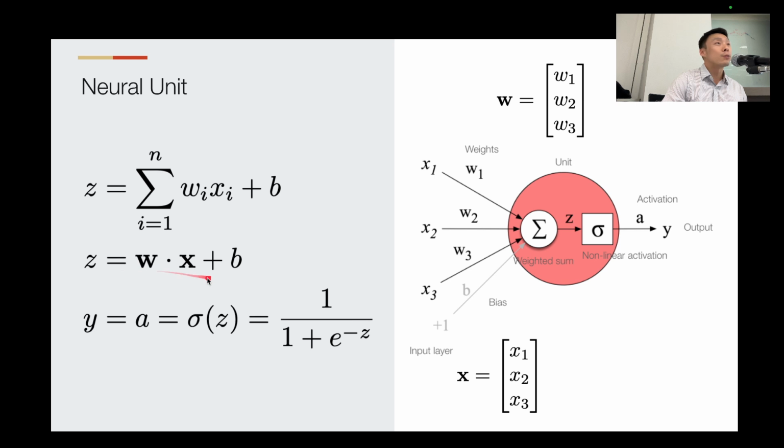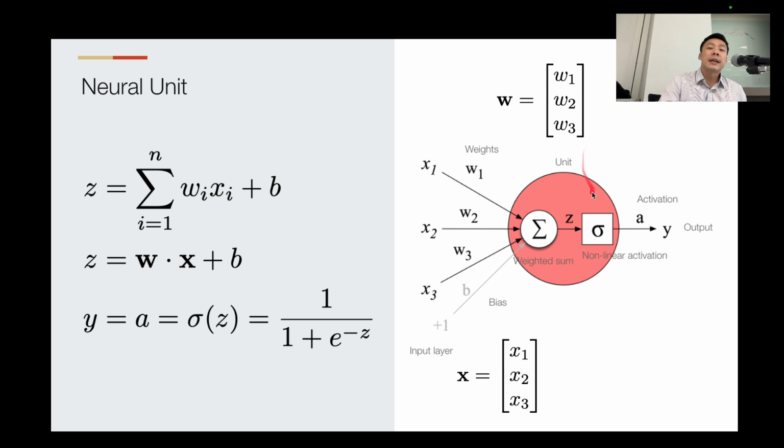We can write it compactly like so. So we get Z, which we call the logit. Then you use some sort of nonlinear activation function, which looks like a curve of sorts, to convert Z into the activation.